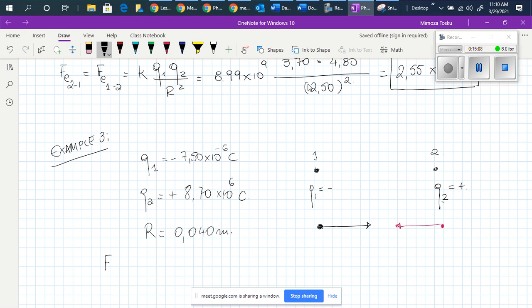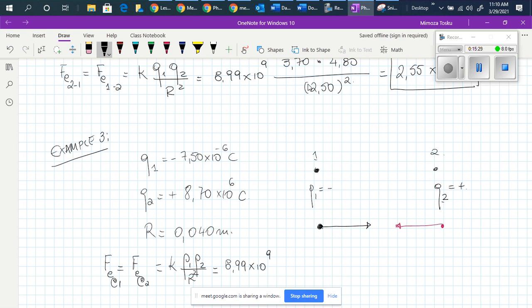And we find the magnitude using Coulomb's law, k Q1 Q2 over r squared. And we do not even state the sign of the charges now.